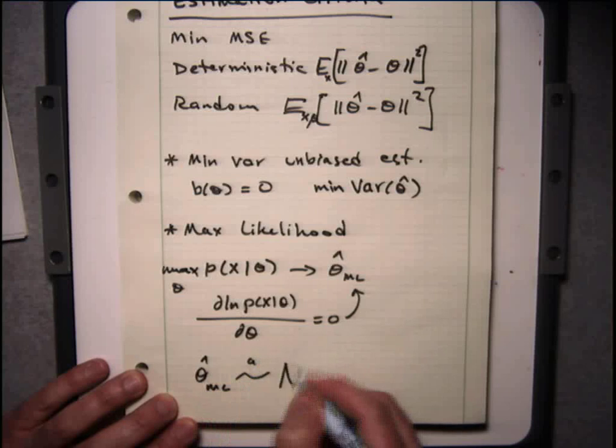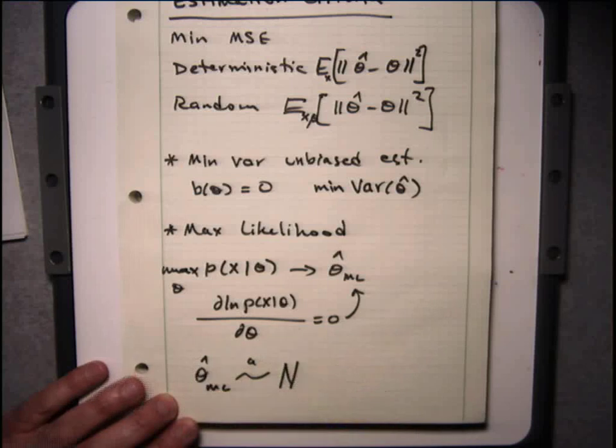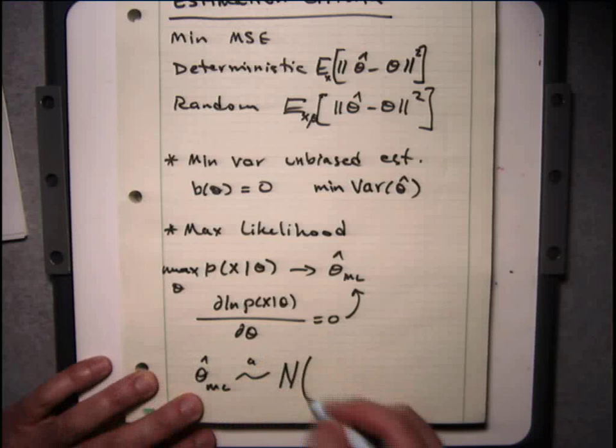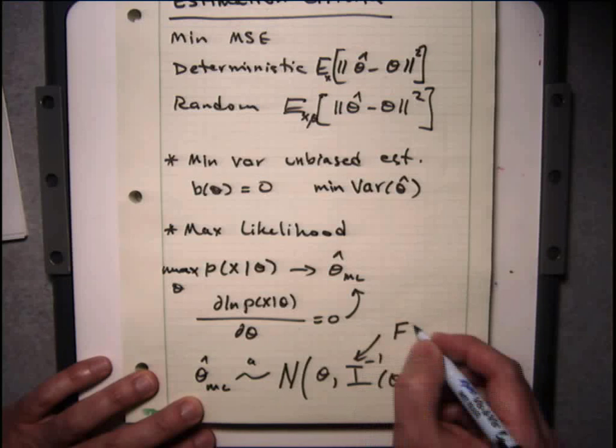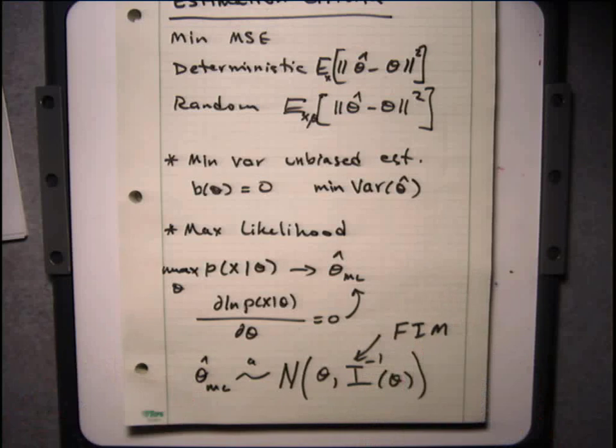asymptotically, thought of as a random variable, it has a Gaussian distribution with mean theta and covariance I inverse of theta, where this I is the Fisher information matrix. Okay? So basically, the bottom line here is that the maximum likelihood estimator is asymptotically the right thing to do.